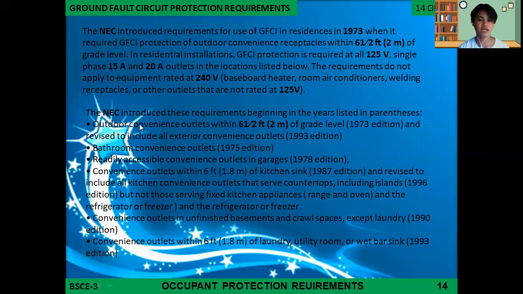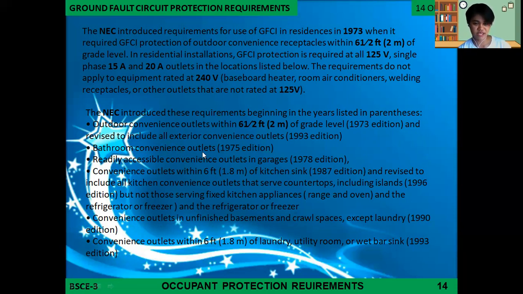The National Electric Code introduced these requirements beginning in the years listed in parentheses. Outdoor convenience outlets within 6.5 feet or 2 meters of grade level, 1973 edition, and revised to include all exterior convenience outlets in 1993.